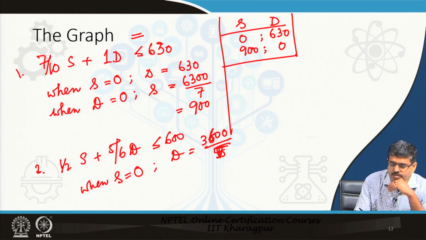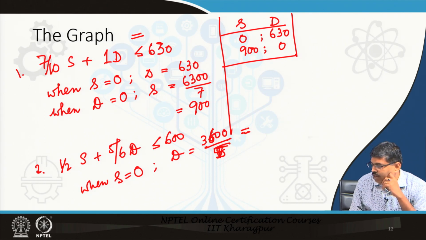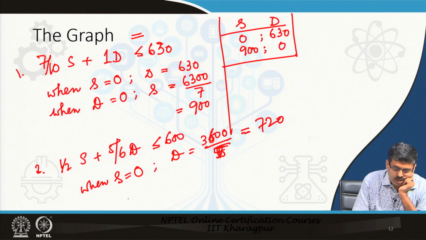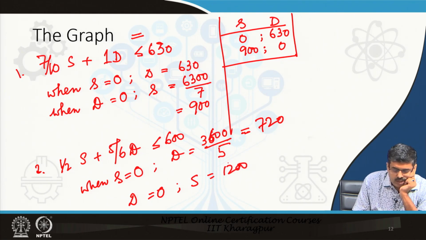Anyway, 3600 by 5 is equal to 720. When D is equal to 0, S is equal to 1200. Okay.